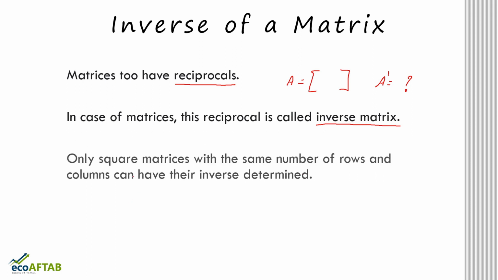Only square matrices, with the same number of rows and columns, have inverses. This is one very important condition. You can find the inverse of only a square matrix. It may be a 2 by 2 matrix, a 3 by 3 matrix, or any higher order matrix. So it should be a square matrix.